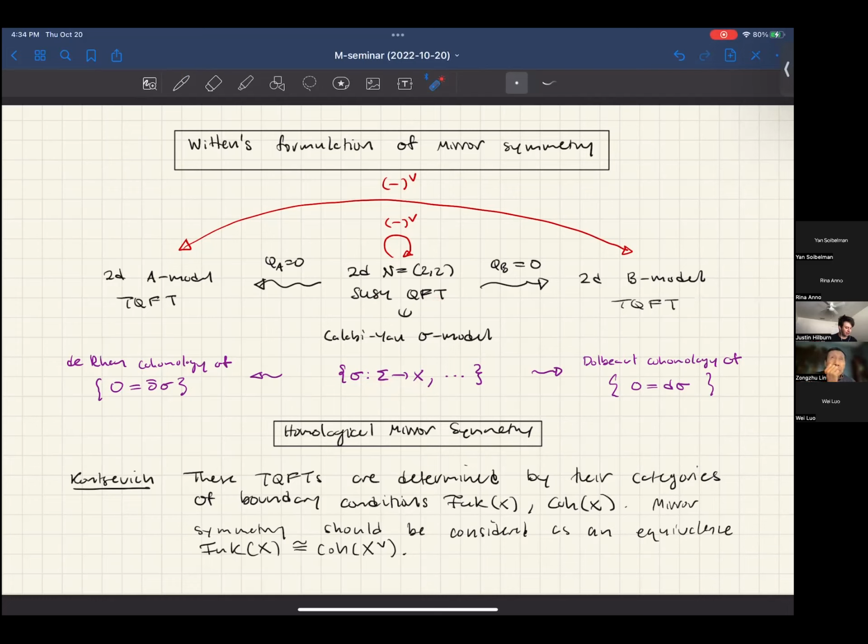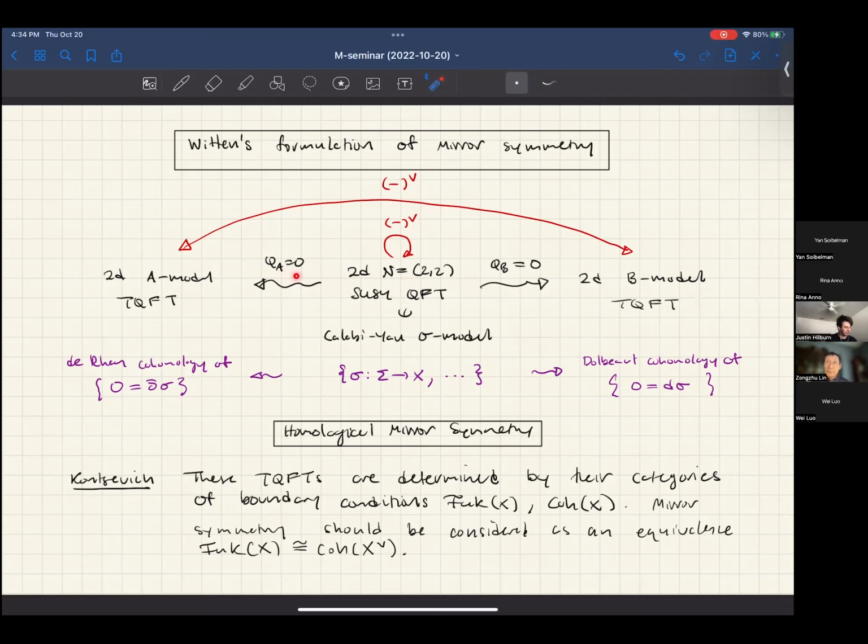They admit two ways of producing a topological quantum field theory from the supersymmetric field theory. One of them is called the A model, and the other is called the B model. These are very famous in mathematics. The way this works is that you choose a supercharge inside of the supersymmetry algebra, by which I mean an odd element of the supersymmetry algebra that squares to 0.